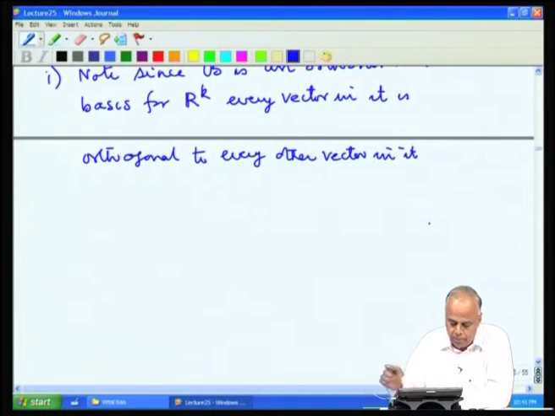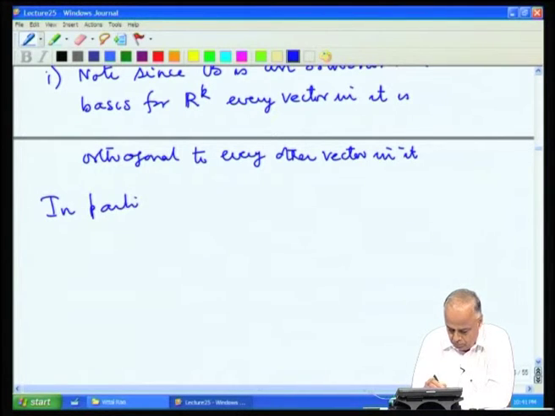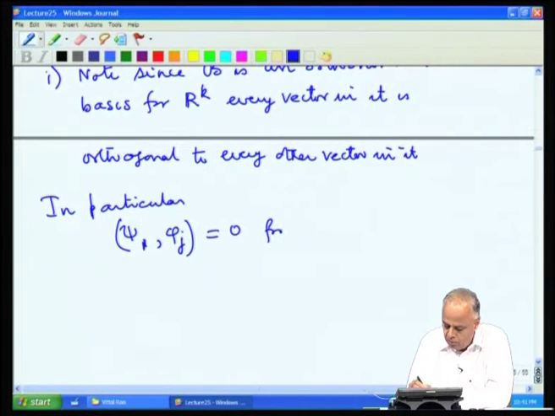And therefore, in particular psi 1 will be orthogonal to phi j for j equal to 1 to d.